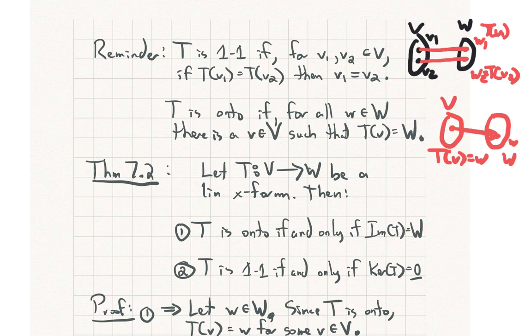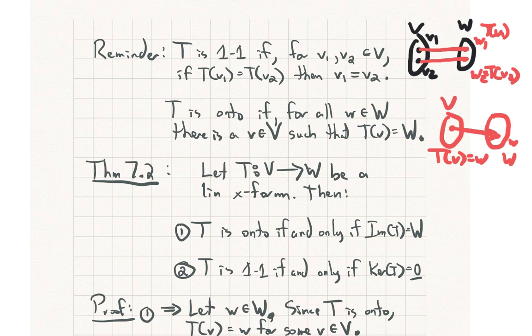And basically, one-to-one and onto functions are characterized completely by the kernels and images of the functions. And by functions, I mean linear transformations. So onto functions are exactly the ones whose image is the entire codomain.